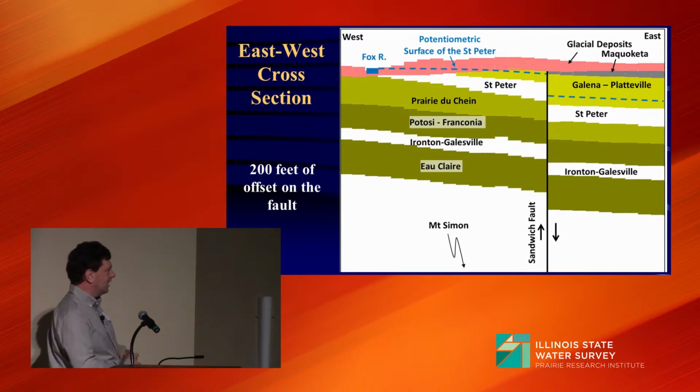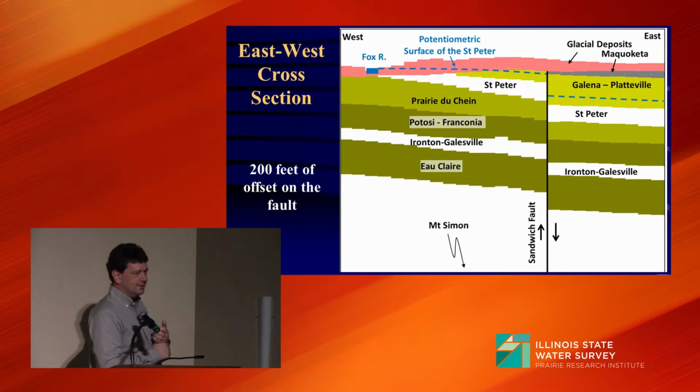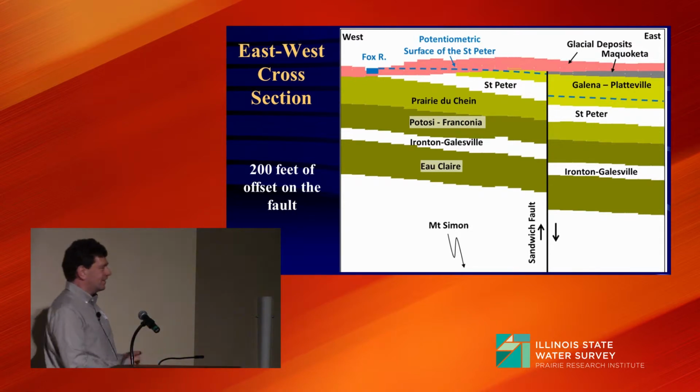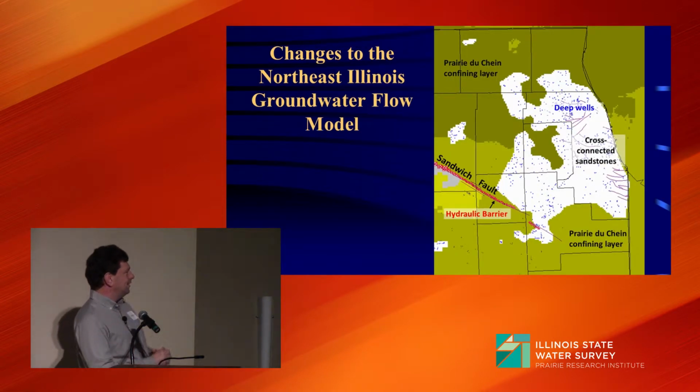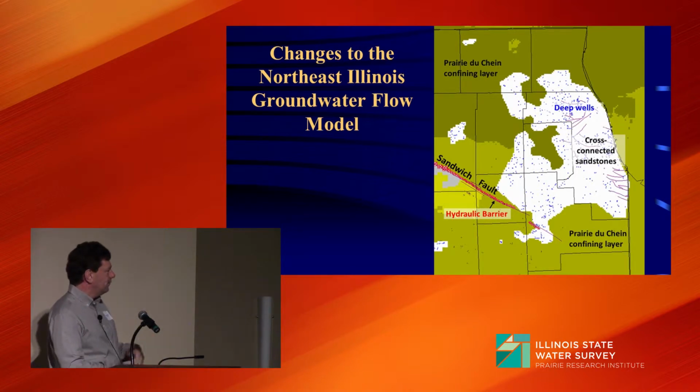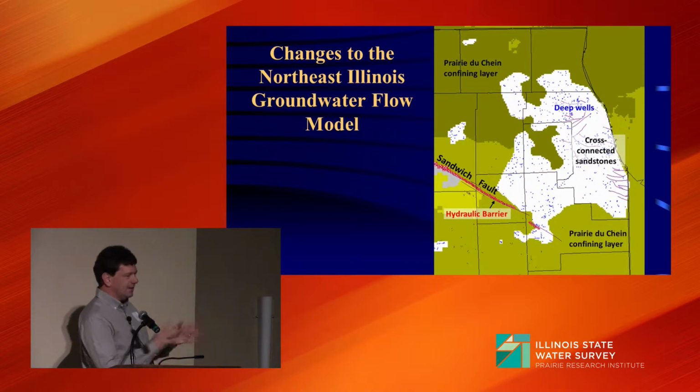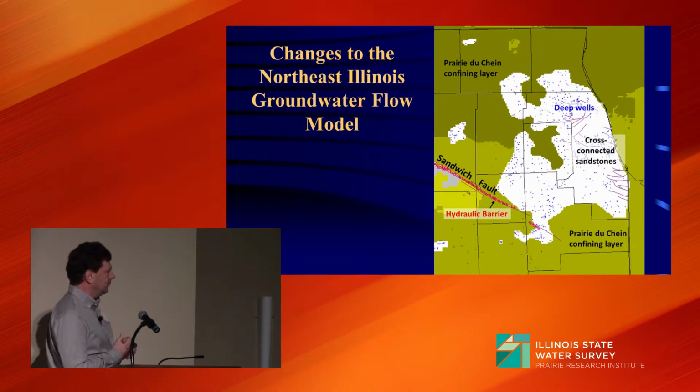Now humans have also kind of messed up the system by drilling wells into multiple sandstones and interconnecting them. That's occurred on the north side of the fault. So we redid the model by adding the Sandwich Fault in as a hydraulic barrier and adding the interconnection influence of all the deep wells to the north.